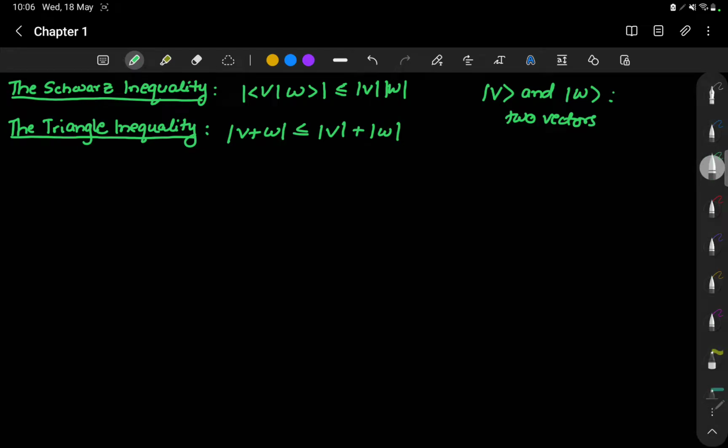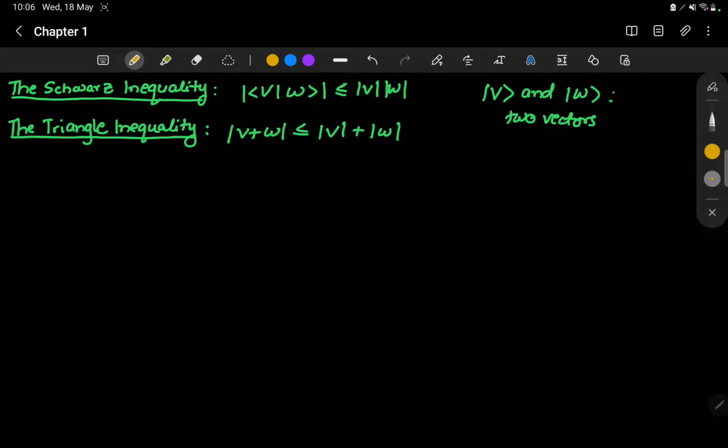Now let's look at what the question says. This is the question, exercise 1.3.3. This question asks us, when will this equality be satisfied?